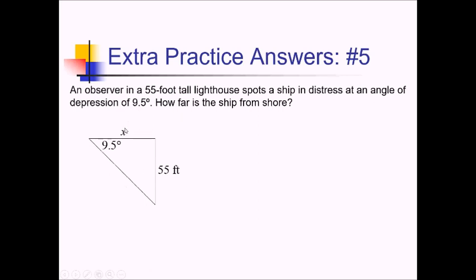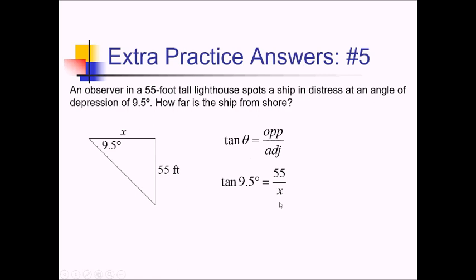So now to find x, looking at the sides, we don't have the hypotenuse. We have the side across from the angle, that's the opposite side, and the side that's touching the angle but not the hypotenuse, the adjacent side. Opposite, adjacent, that's the TOA part of SOHCAHTOA. So we need tan of theta equals opposite over adjacent. So we can write tan of our 9.5 angle of depression equals our opposite side of 55 divided by the adjacent side of x.